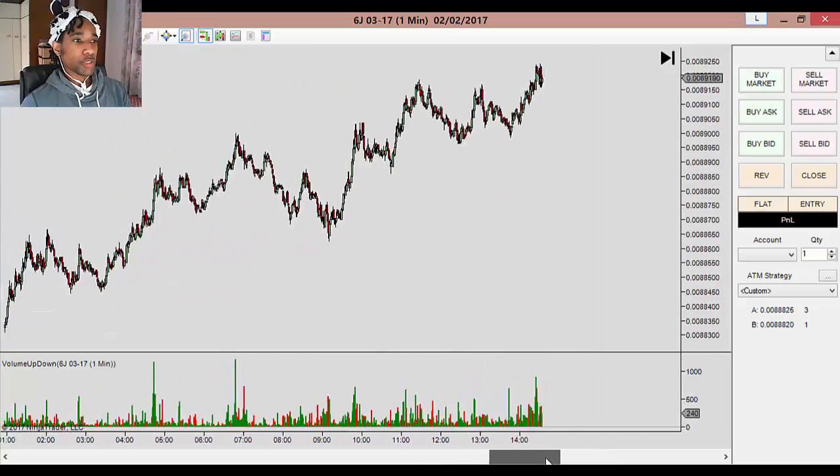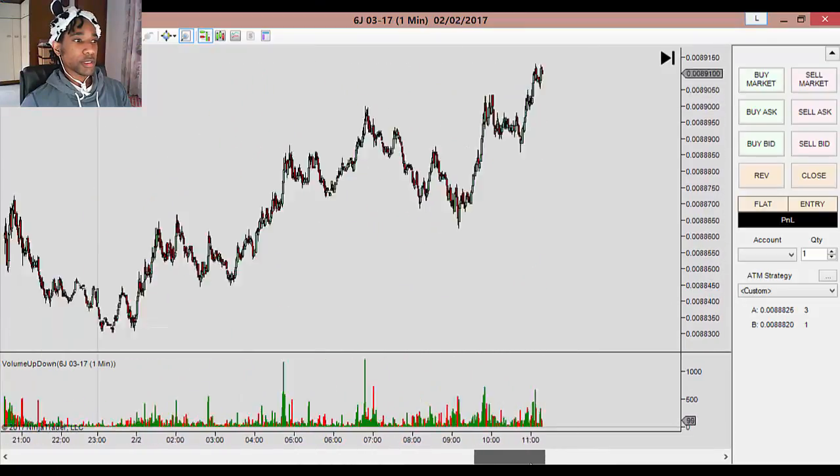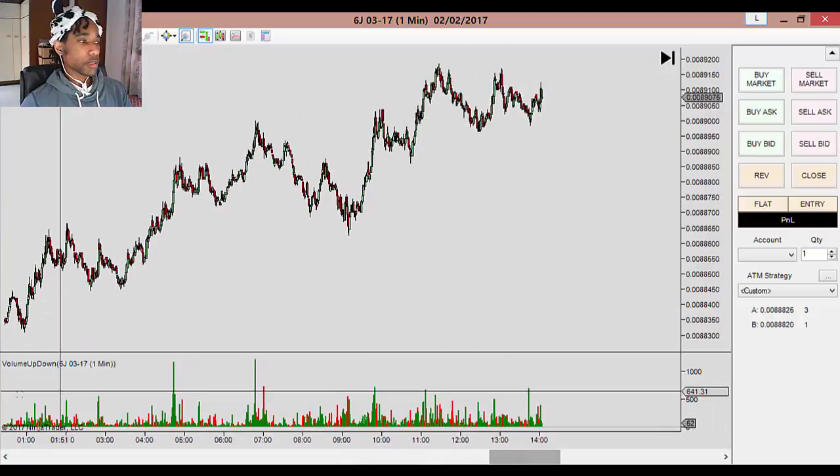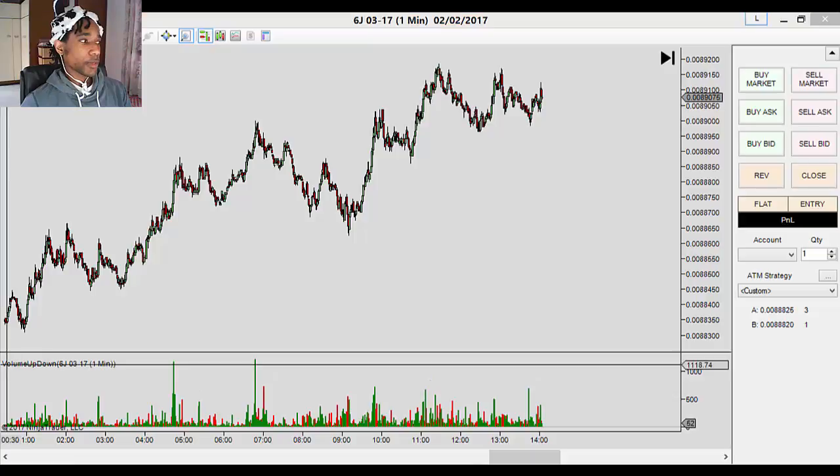So let's look at one more just to demonstrate this picture. This is a good example. Let's see if we can stretch this. So you have a trend, so we haven't got a consolidation yet. Then it starts to whip out stops, consolidates, then breaks out, another trend, higher highs, higher lows, whip out stops, don't make new highs, consolidate.